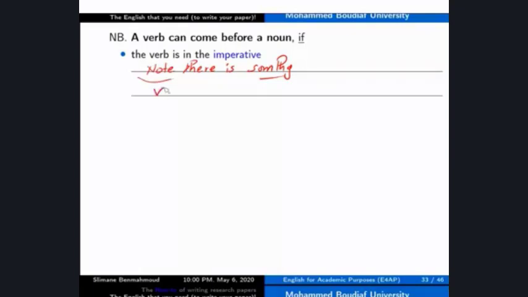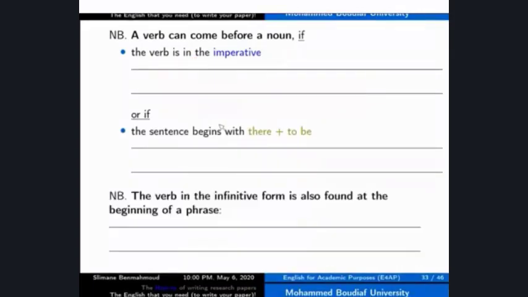Here is the verb. Or it's better to say, note the presence of something. Note is the verb, the presence is the subject. Okay? Or if the sentence begins with there to be, there is something.